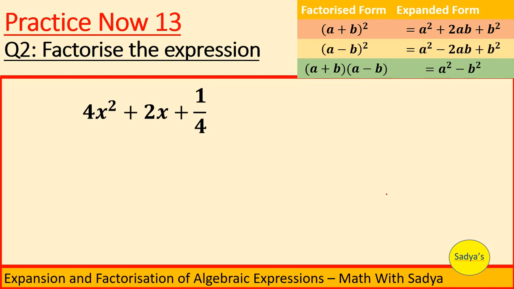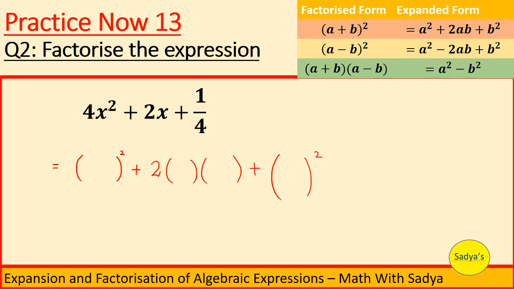We have 4x squared plus 2x plus 1 by 4. Again we have three terms and all the three terms have positive sign. So let's write down the structure of first identity. A squared plus 2ab plus b squared.